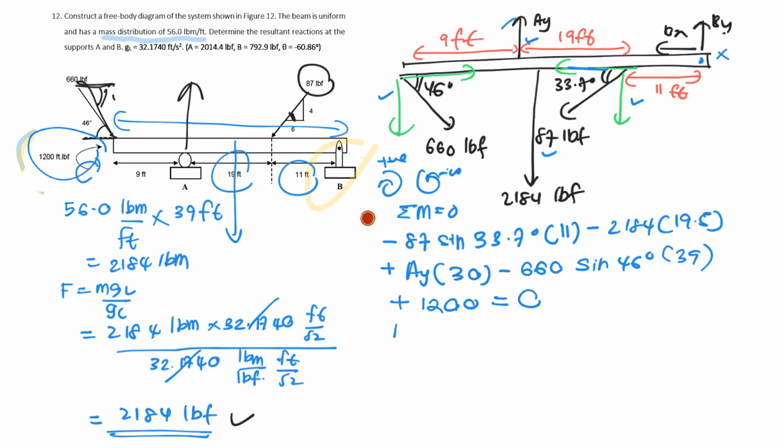So you are going to get your AY, or A, you can actually just put it. AY is 2014.5 pound force.